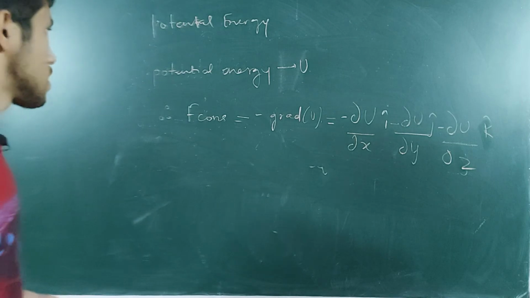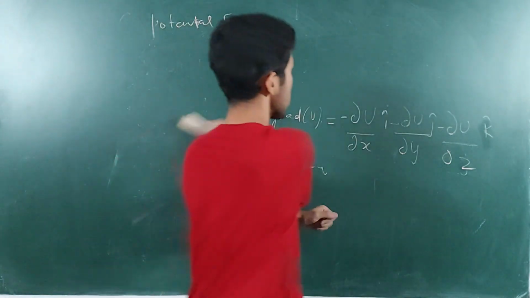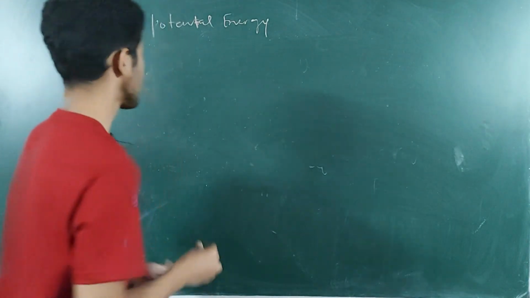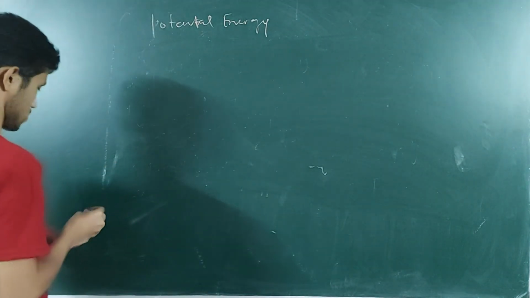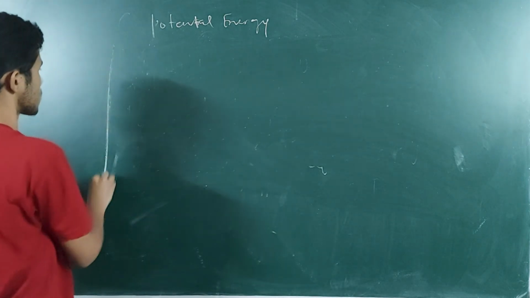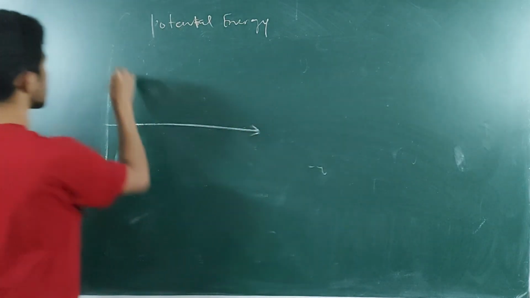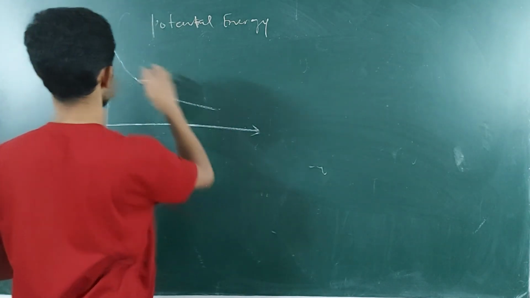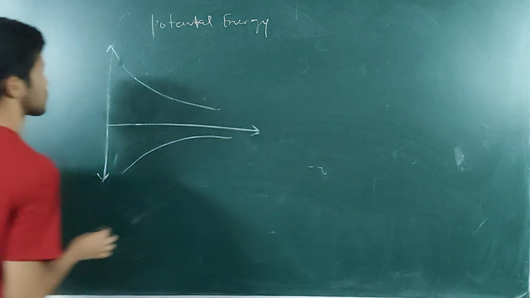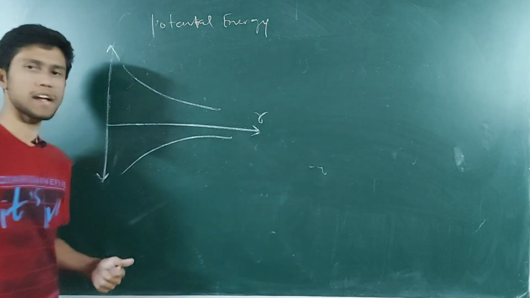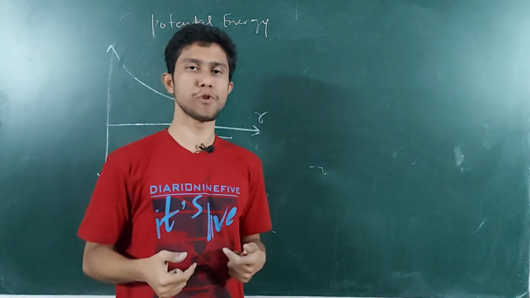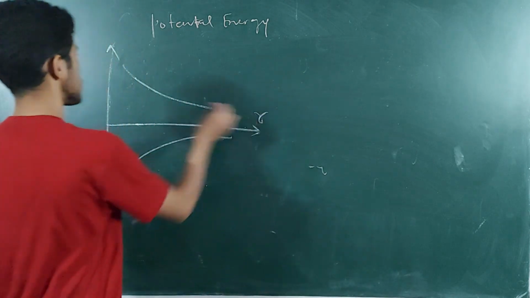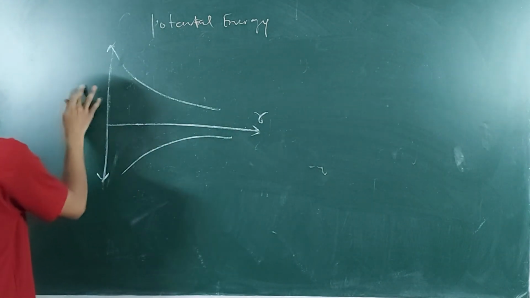Now we are going to see the next thing. We are going to see a graph which is very important from the examination point of view. So I'll draw a graph. It has been observed that this is the R. What is R? The distance between any two points, or the distance of an object with respect to any other point. So this is R, the distance of separation.